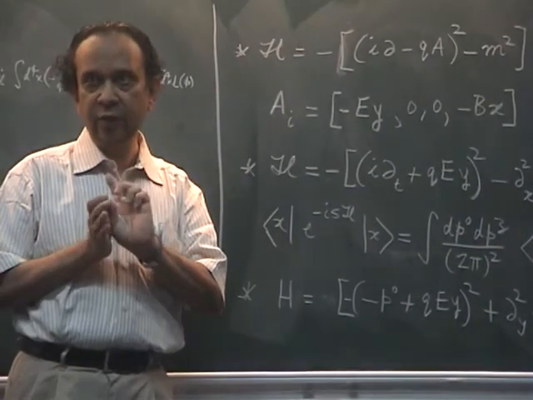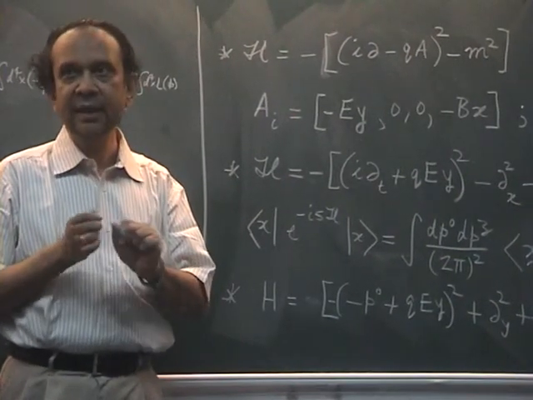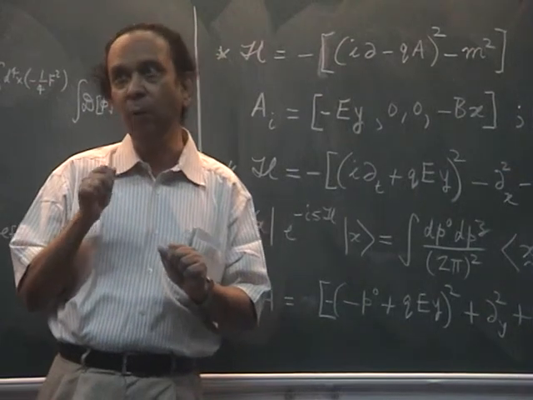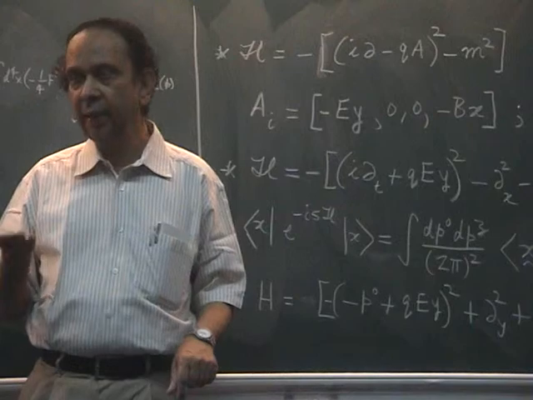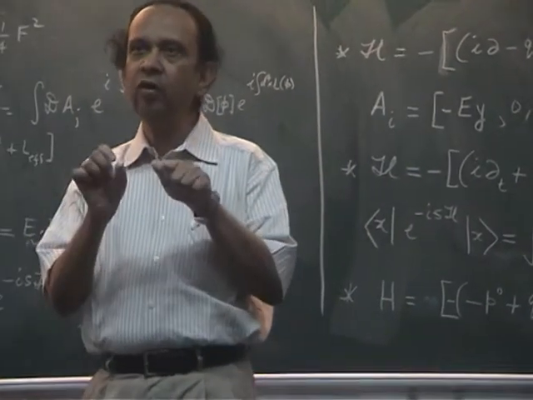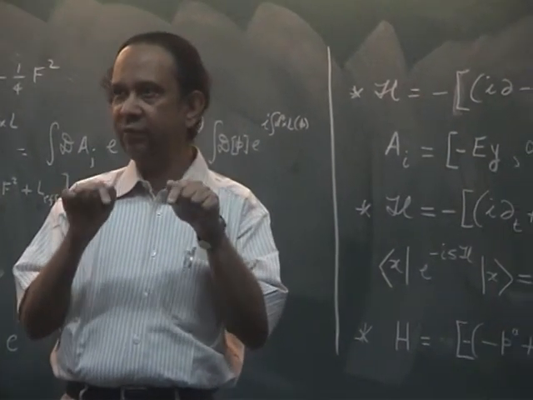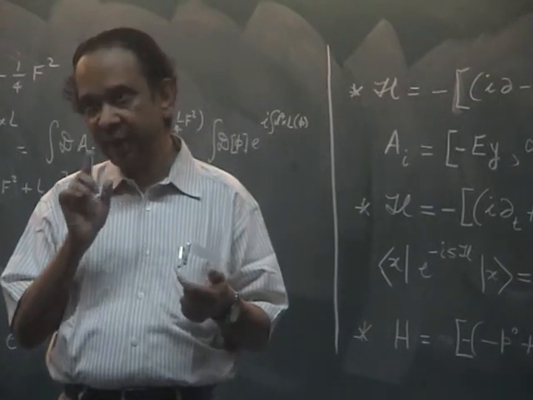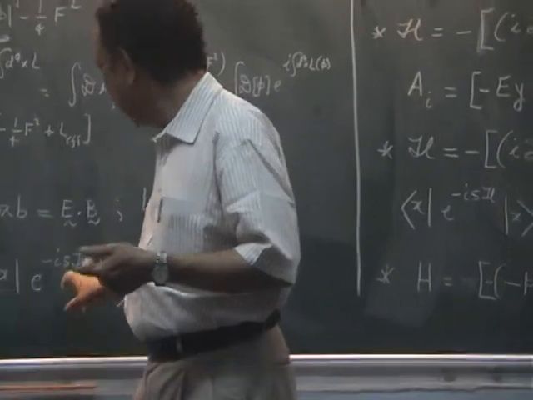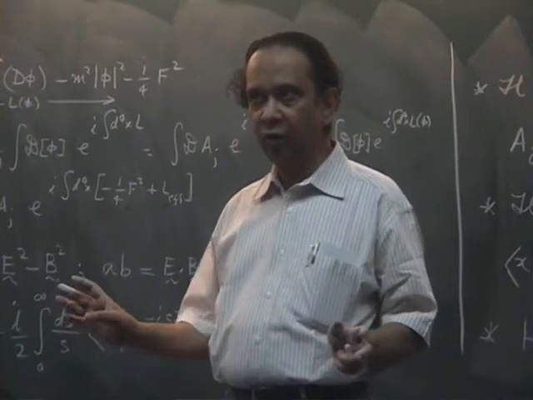I want you to make sure you understand that first, because yesterday when we had an e to the minus s box, we replaced that box by minus p square. That we did because you can go into a momentum basis, introduce a complete set of momentum basis. Normally it would have given you an e to the minus ip (x minus x prime), but remember that we are doing a coincidence limit, so that is not going to be there.